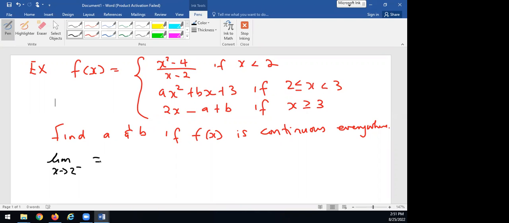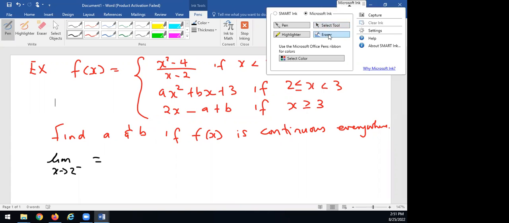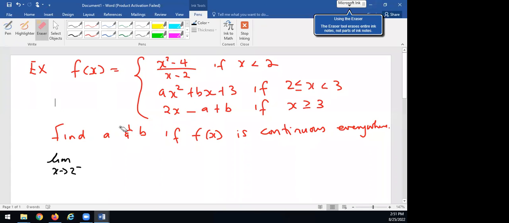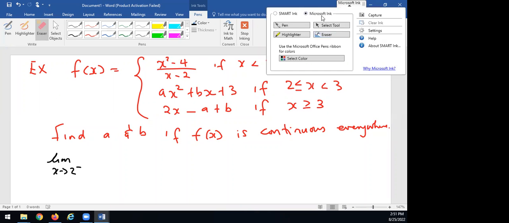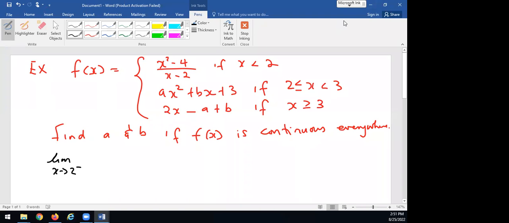It's not undefined, we can simplify it. Difference of two squares, remember? When you have x squared minus 4, x minus 2. Yeah, very good. So we can simplify this to be x plus 2 over x minus 2. So you can cancel the problem child. Anything giving the problem, try to get rid of it.